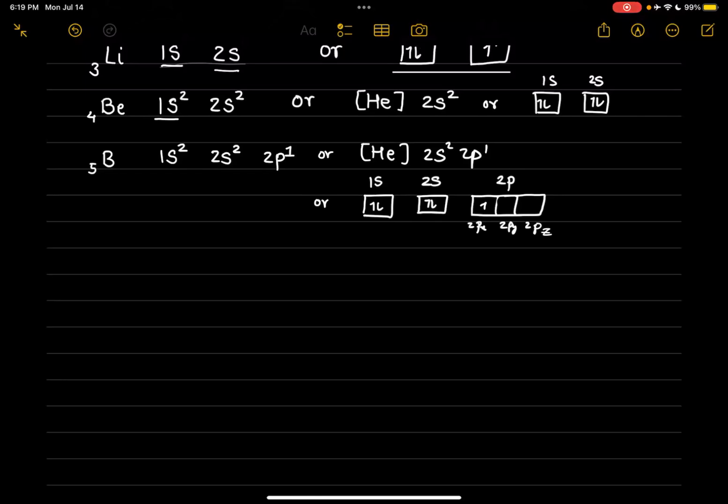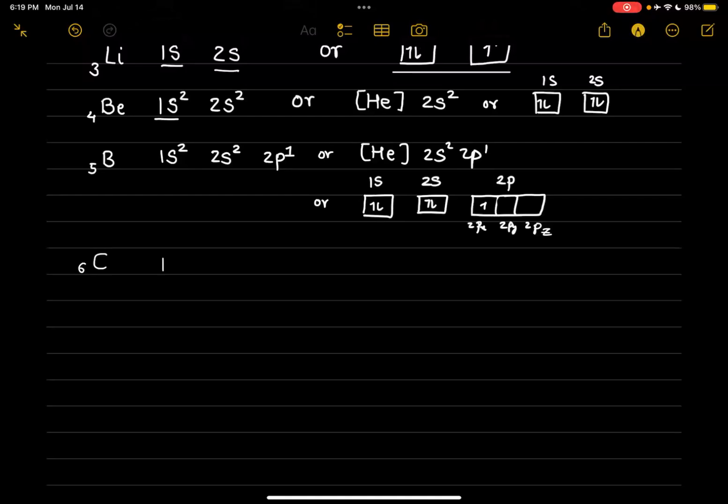Pauli's exclusion principle will help you: you can put 2 electrons but with opposite spins. Then you need to move on to write the electronic configuration of the next element, the 6th element, which is very famous, carbon. You need one more extra rule.